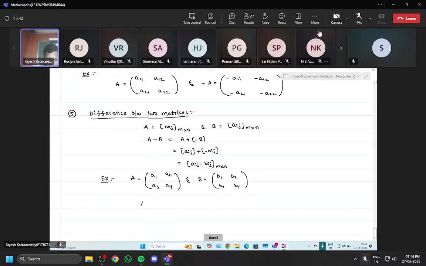Subtraction of matrices A minus B will be equal to A1 minus B1, A2 minus B2, A3 minus B3, A4 minus B4. First row, first column element with first row, first column. First row, second column with first row, second column, and so on. Addition and subtraction is same.